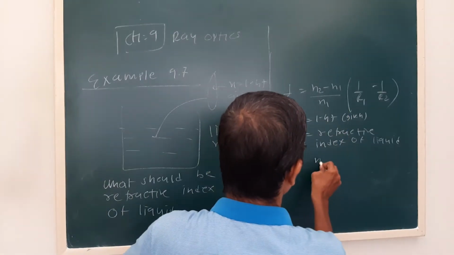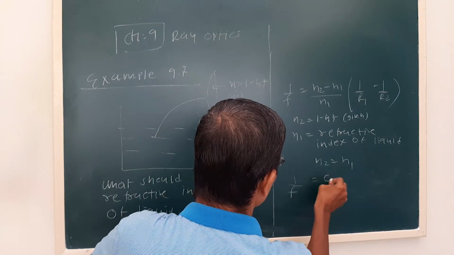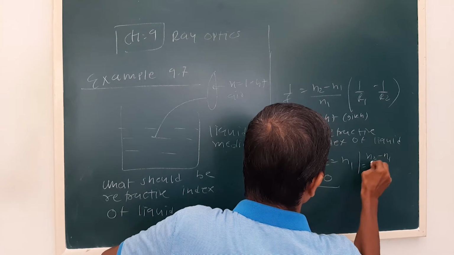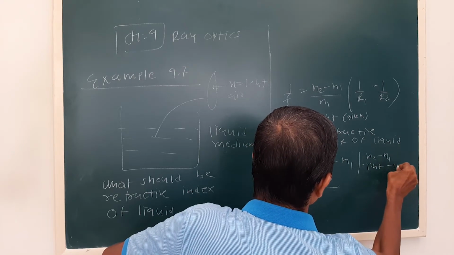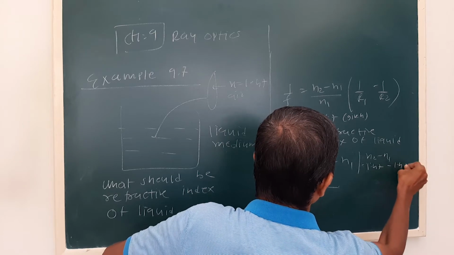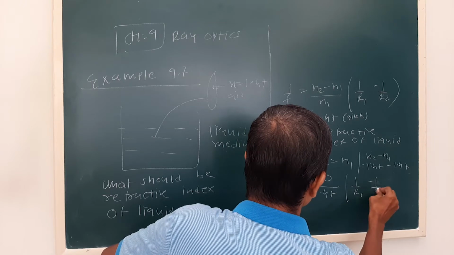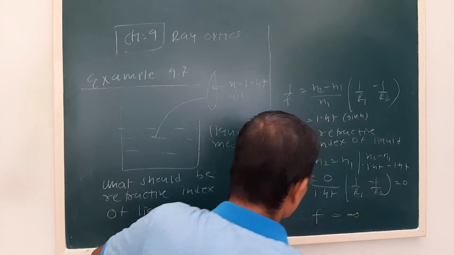If N2 and N1 are equal, then 1 upon F will be 0, since N2 minus N1 is zero, and F will become infinite.